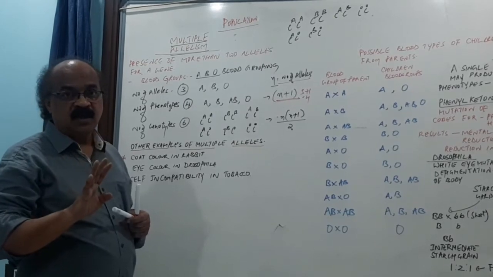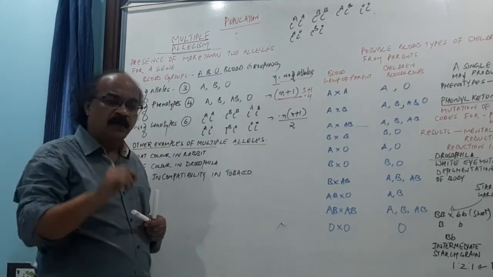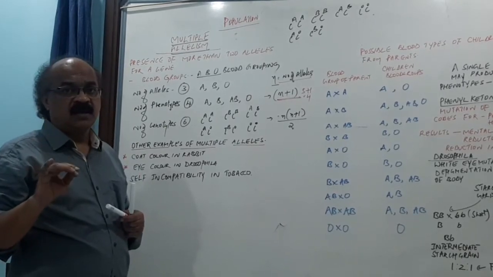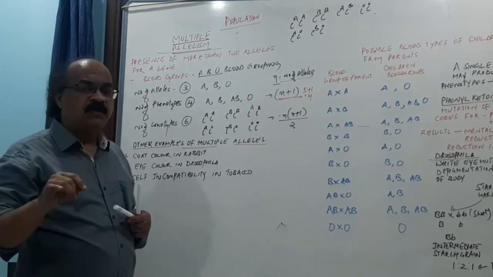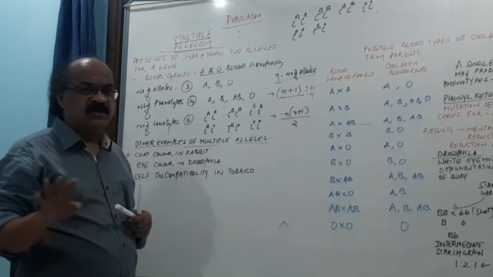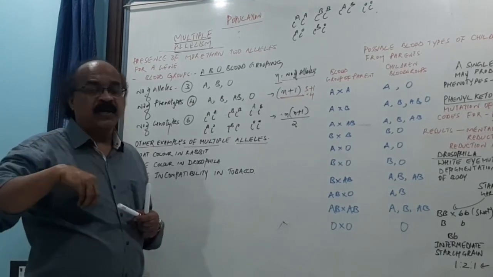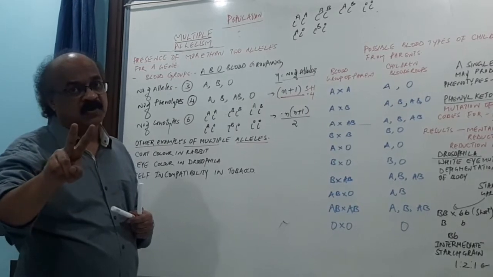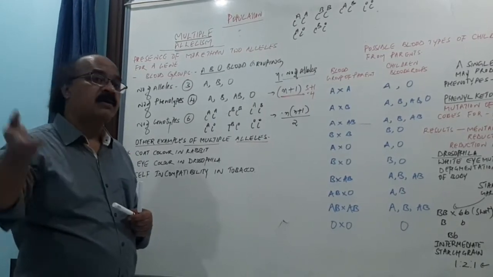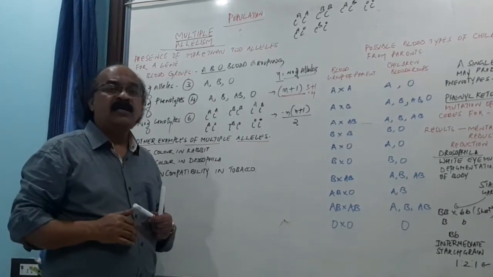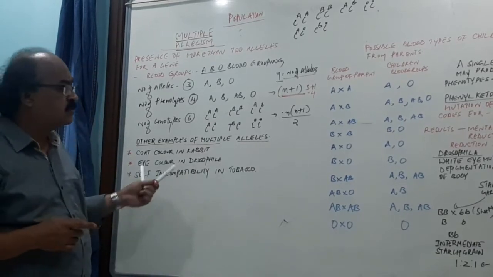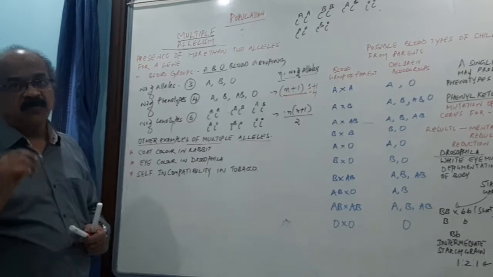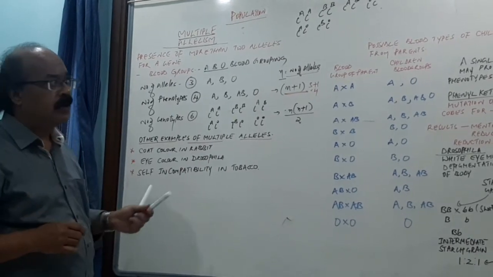That's all. If your blood group is AB blood group, IA IB. That's all. If your blood group is O blood group, IO. That's all. In an individual, for a gene, 2 alleles only. But multiple alleles are present in a population. That's the most important point you have to remember. And the formulas to calculate the phenotypes and the genotypes in multiple alleles.